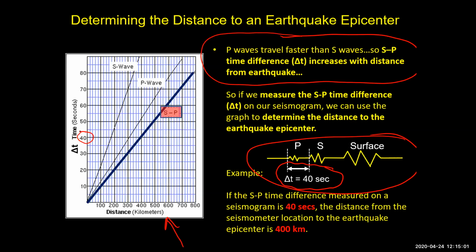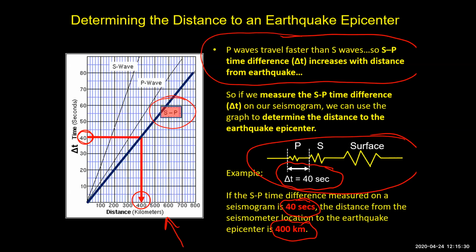And then I'm going to run over to the S minus P timeline. And then from there, I'm going to run straight down to the distance axis and figure out, in this case, that a delta T of 40 seconds means that my seismograph station is set up 400 kilometers away from the earthquake.